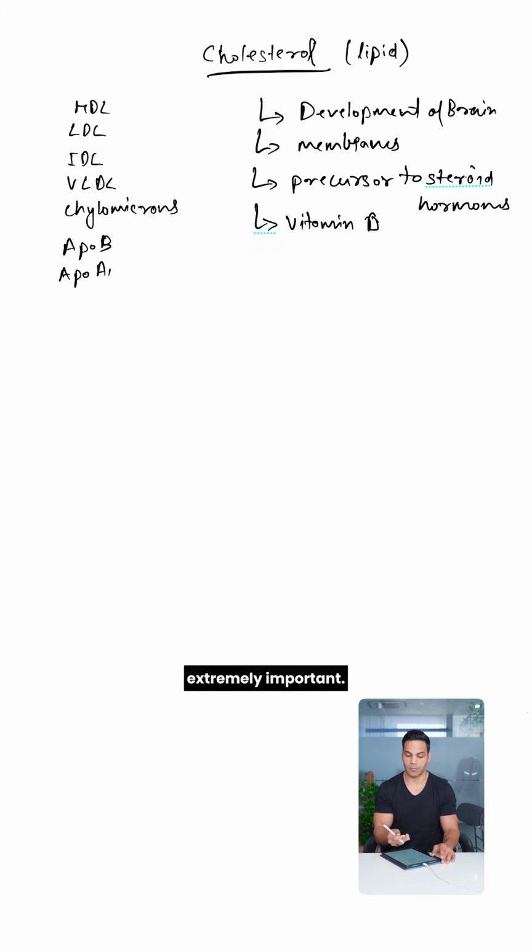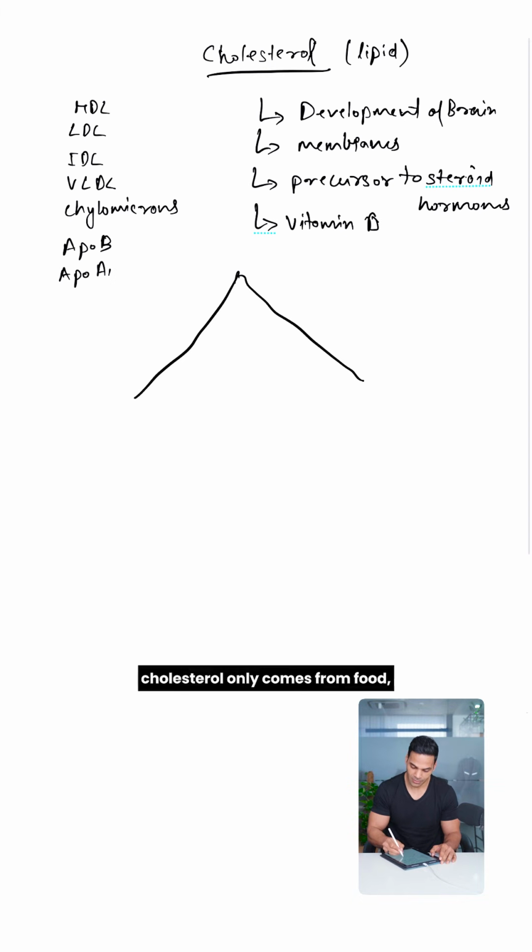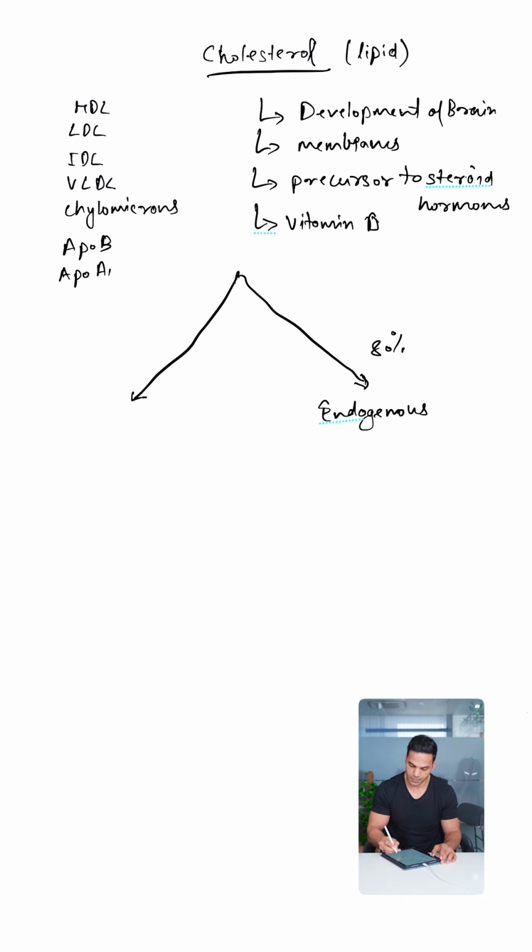So cholesterol is extremely important, so much so that your body produces its own cholesterol. So if you thought that cholesterol only comes from food, you would be wrong. In fact, 80% of all circulating cholesterol is actually produced by your body endogenously, and 20% of cholesterol comes from diet.